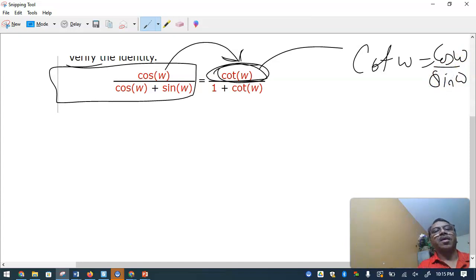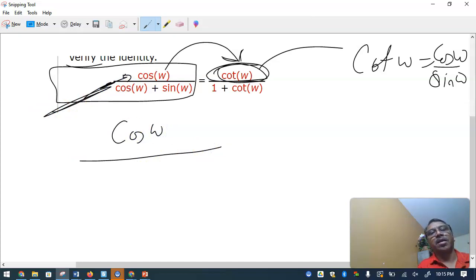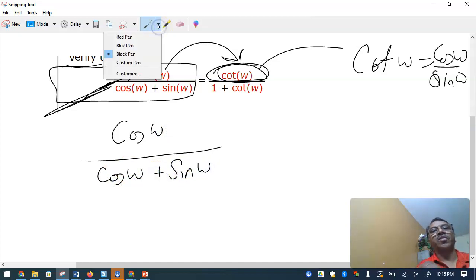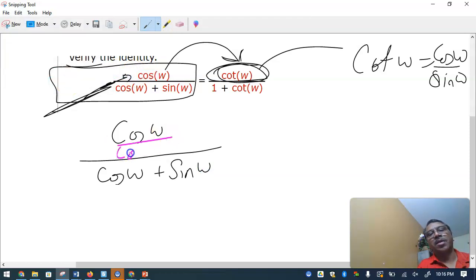In this case the numerator already has a cosine, so what is missing is the sine. So what I'm going to do is divide both numerator and denominator by this, everything divided by cosine.